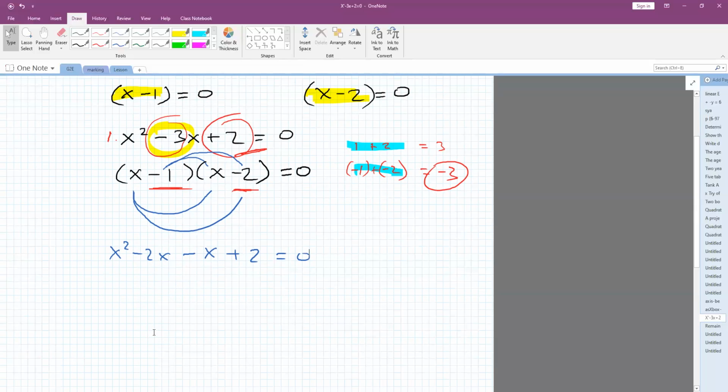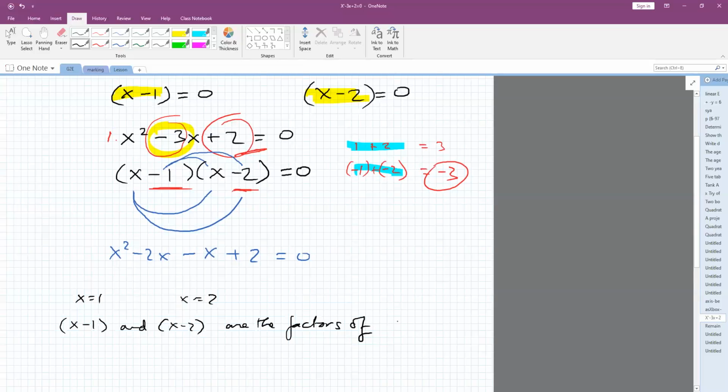So again, when you have the roots, x equal to 1 or x equal to 2, therefore x minus 1 and x minus 2 are the factors of the quadratic equation given here, x squared minus 3x plus 2. This is something that we need to learn further.